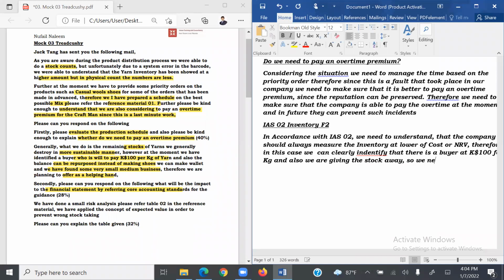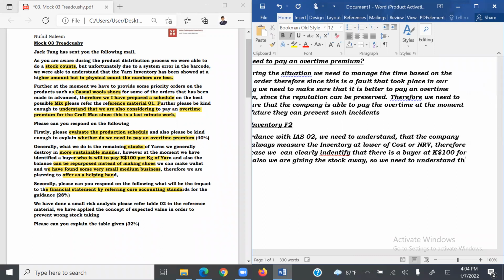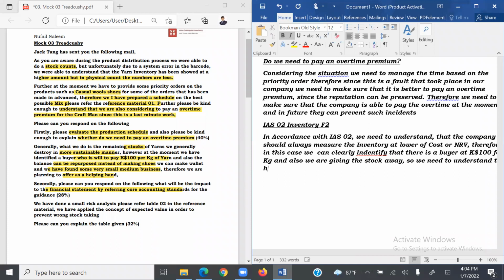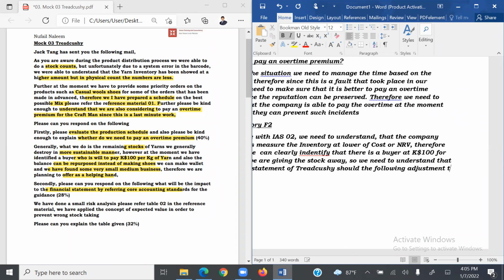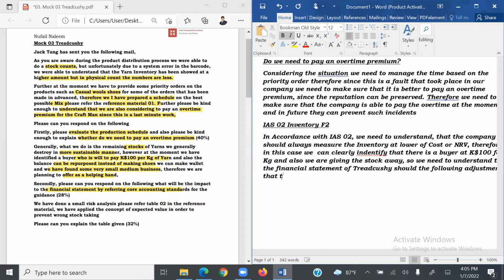So we need to understand that the financial statements of Trade Cushy should have the following adjustment. That is, the inventory should be measured at NRV.